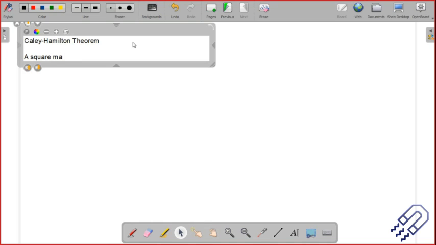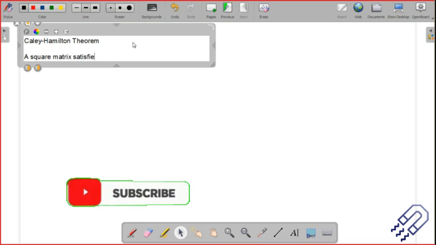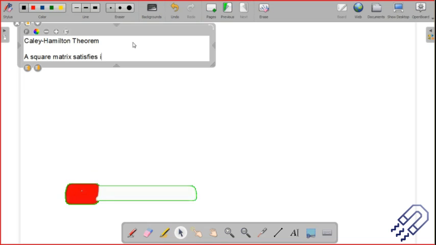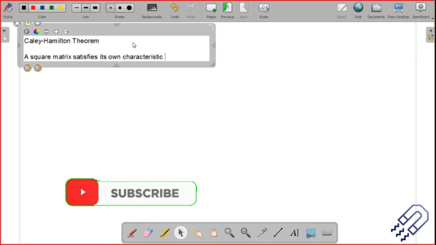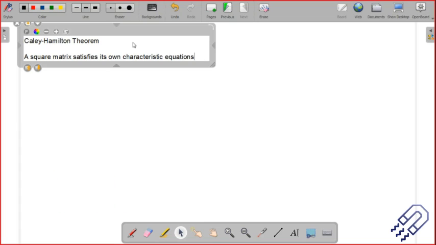A square matrix satisfies its own characteristic equation. That's what the Cayley-Hamilton theorem is all about.